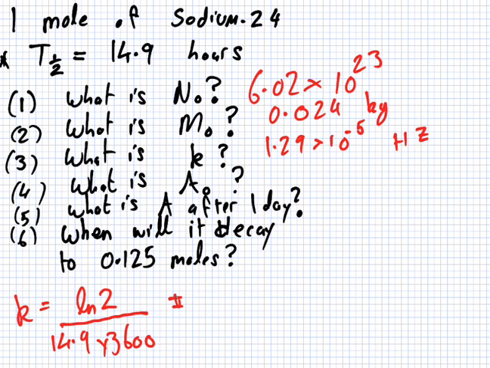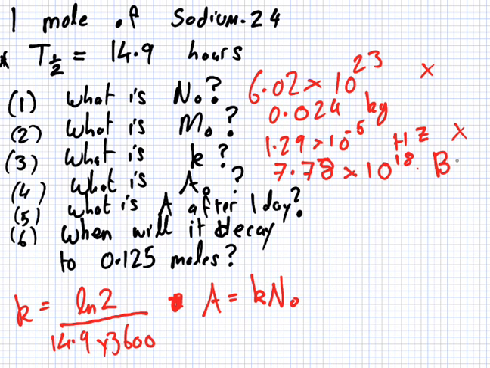The activity at the beginning: just take the k answer and multiply it by n0, and what's the activity at the start? Whatever, okay, 7.7 times 10 to the 18. And the unit?